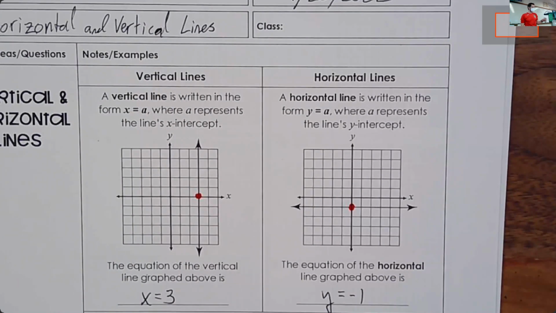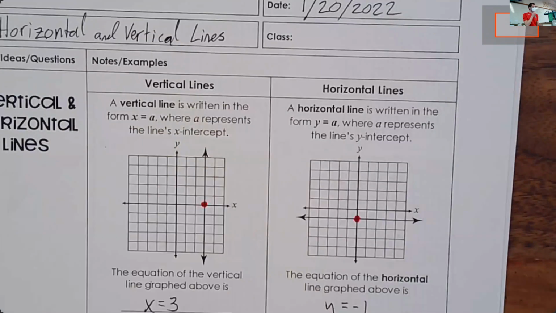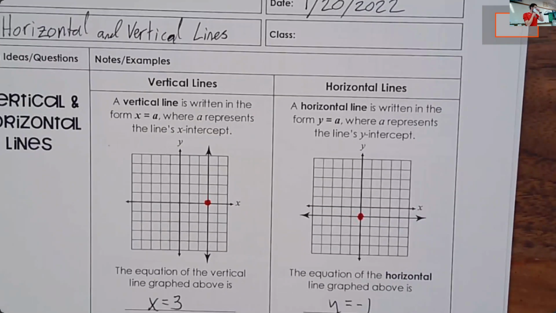Especially with math and science classes, there are so many things that we are required to teach you in the class in order for you to earn the credit, that some of the things that aren't required to be taught sometimes aren't taught, because teachers will focus on the things that they have to teach you. And so sometimes things like horizontal and vertical lines we won't necessarily be working on.